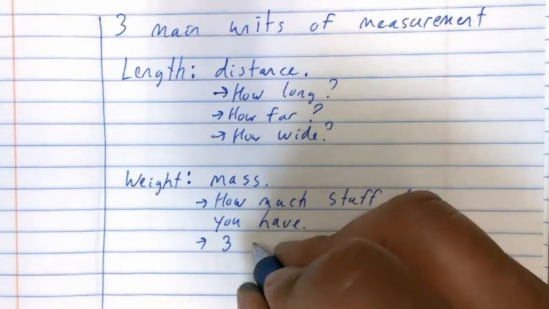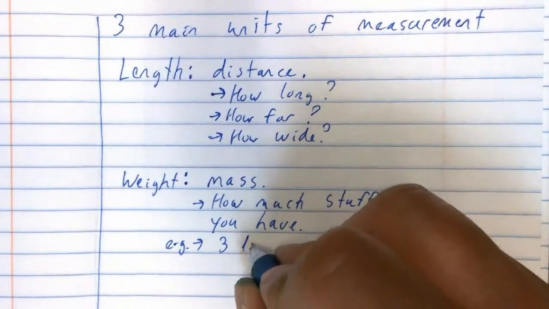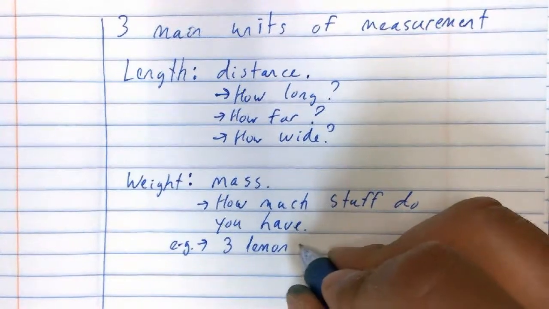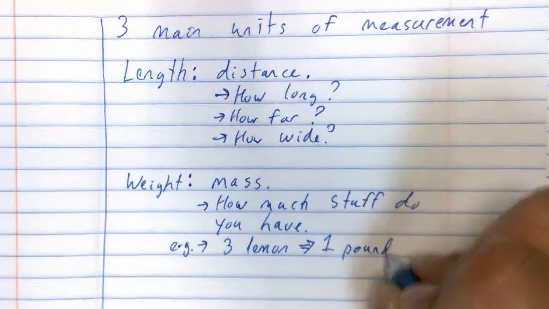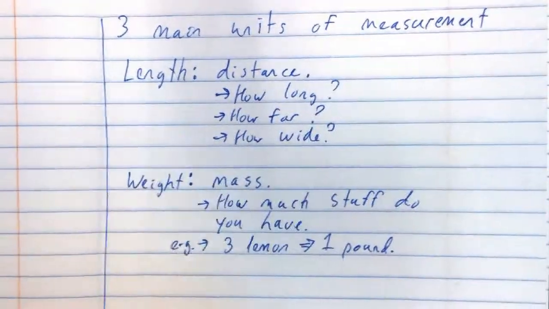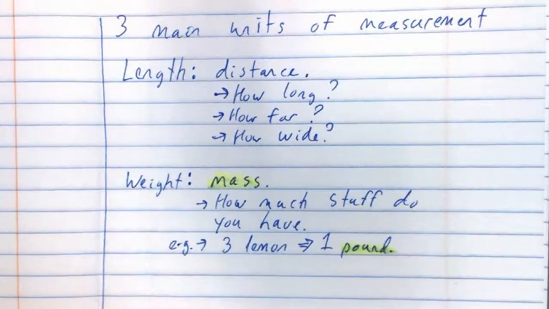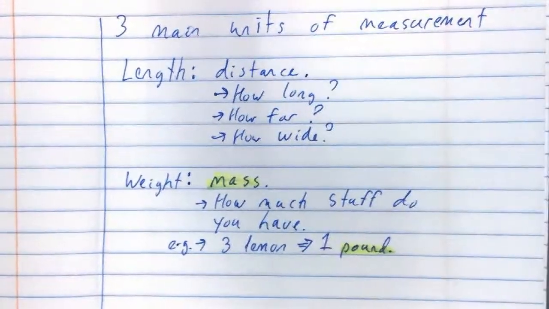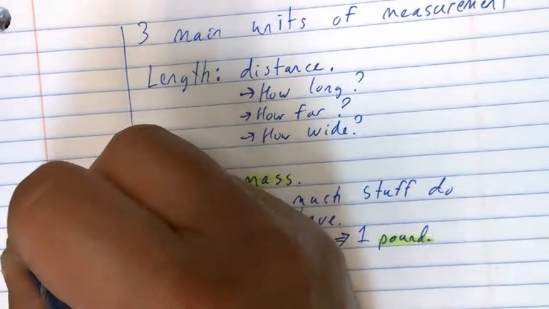You can have, for example, 3 lemons. But 3 lemons can weigh 1 pound. This is the unit of measurement, mass. 1 pound. It's not quantity. It's not like how many, it's how much. I'll put this on the side here so you remember.